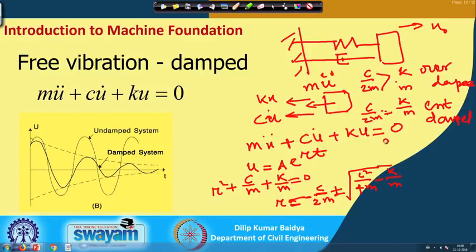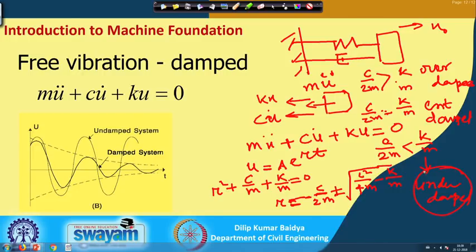And if c over 2m is less than it, that is under damped. So, three different types of solution will be there, and these three types of system also exist in nature. But in most cases the system is under damped.